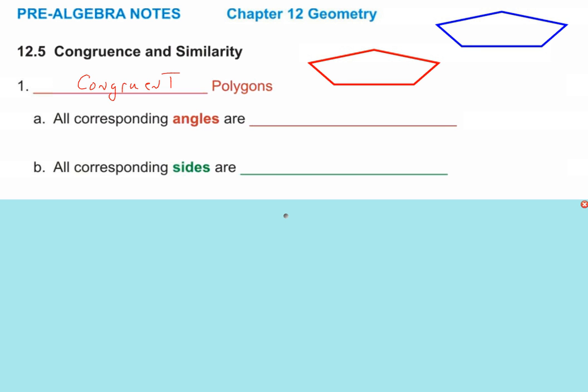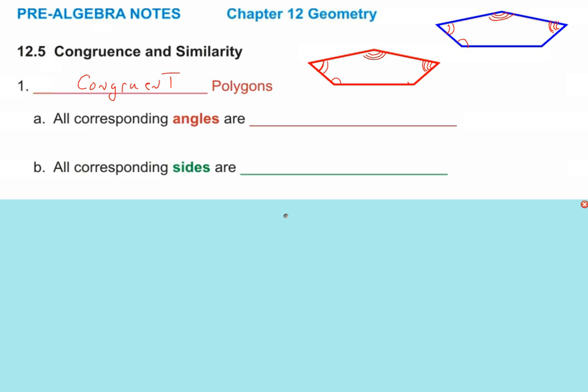See this bottom left angle on the red one? It's congruent to the bottom left angle on the blue one. The left angle of the red one is congruent to the left angle of the blue one. The top angle of the red is congruent to the top angle of the blue. The angle on the right of the red is congruent to the angle on the right on the blue.